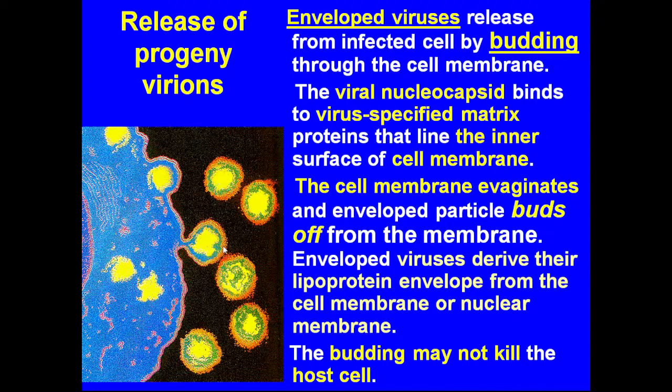So enveloped viruses derive their lipoprotein envelope from the cell membrane or sometimes the nuclear membrane. This is called budding, and it usually causes not that dramatic damage to the cell.